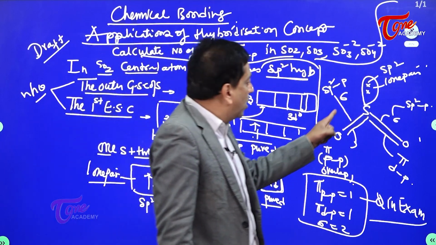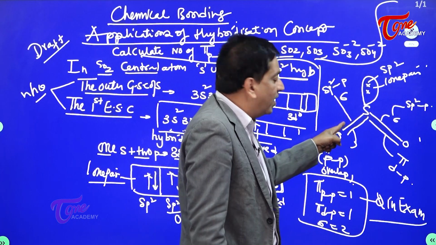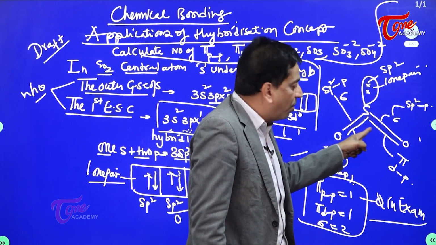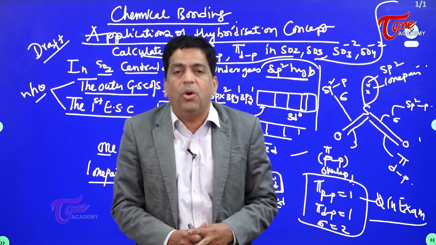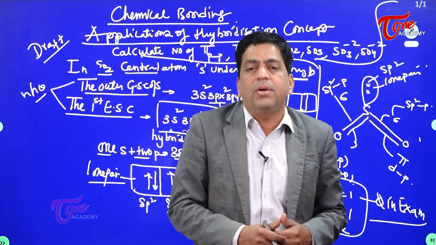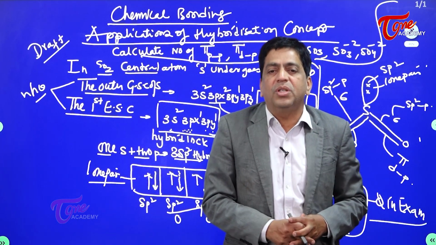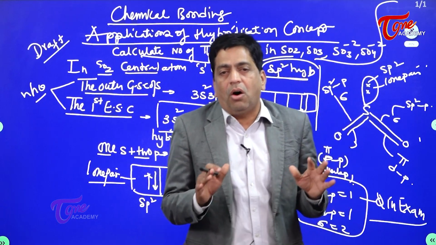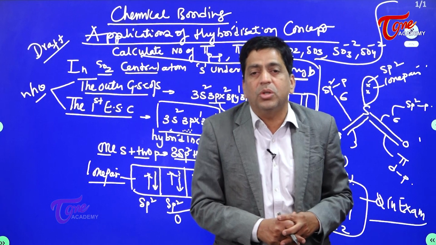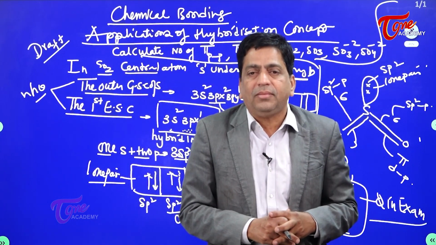One sp2 is having a lone pair, the other sp2 is involved in a sigma bond, the other sp2 is involved in a sigma bond, and these two pi bonds are the result of the overlap of pure P of oxygen and pure D of sulfur, or pure P of oxygen and pure P of sulfur. So then you have pi bonds, because pi bonds are always out of the hybrid orbitals, you must understand, and hybridization orbitals always form sigma bonds. You must understand that, right?